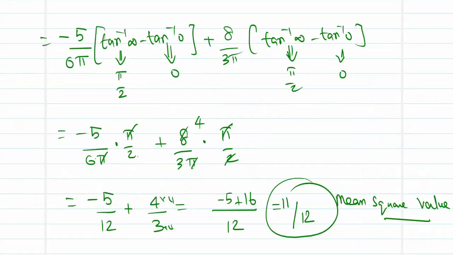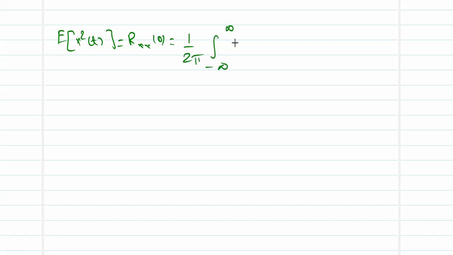So what I have over here is my expected value of x square of t, which is my Rxx of 0, equal to 1 divided by 2 pi integral from minus infinity to infinity.